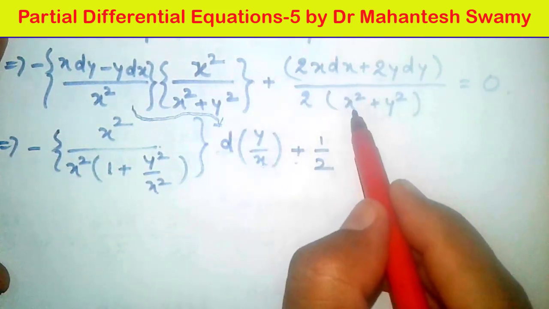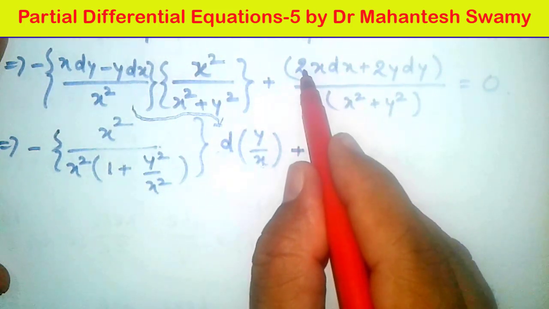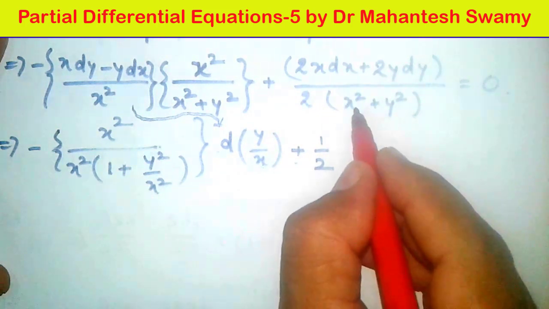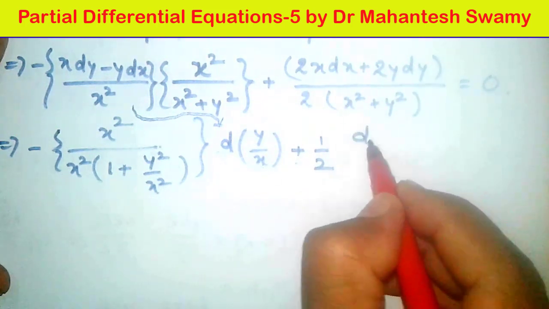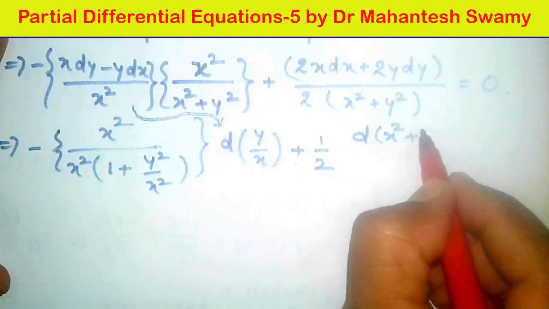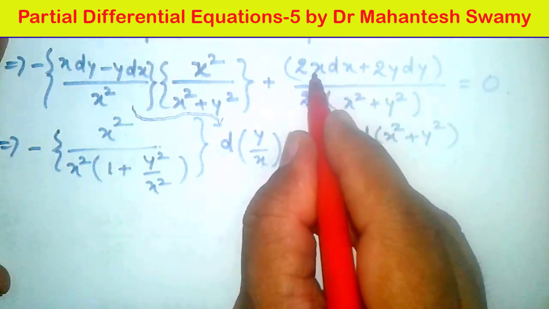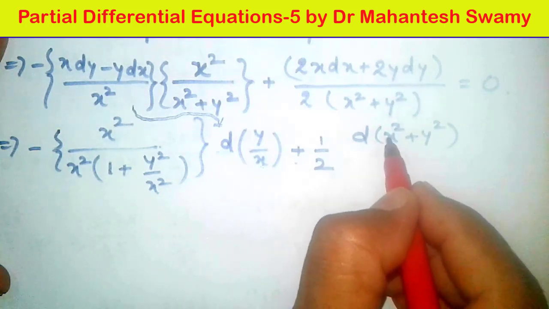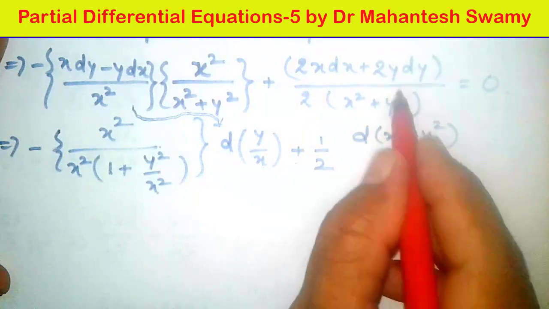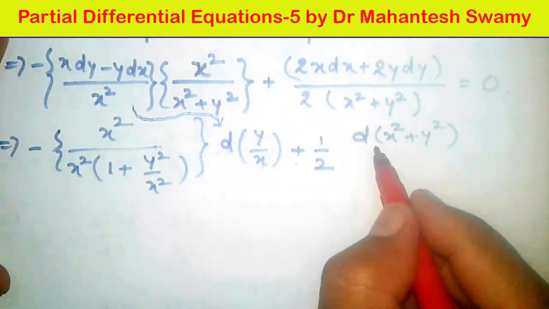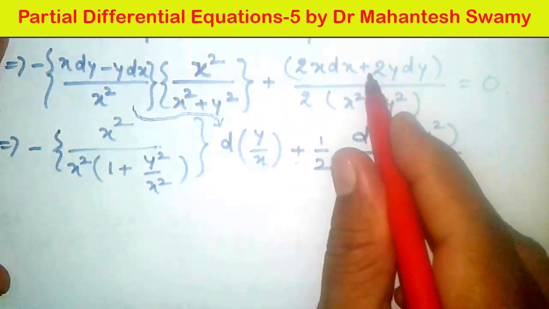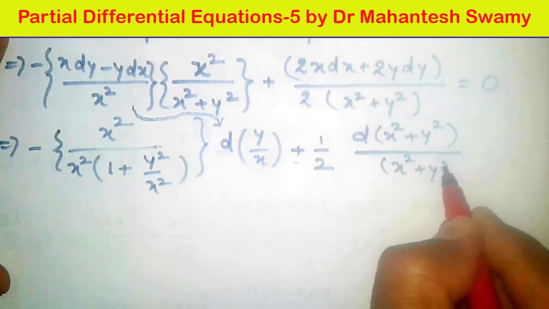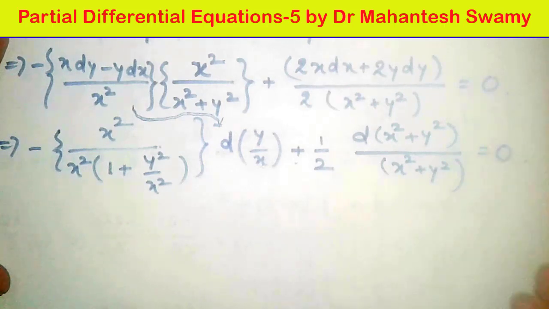Now it is just like differentiation of the numerator over the differentiation of the denominator. So let us keep it as d of x square plus y square. In the numerator it is d of x square plus y square. If we write it out, the answer will be 2x dx, it is here, plus 2y dy, it is here. So it is d of x square plus y square, that can be written very easily in the numerator. Denominator x square plus y square as it is, and our RHS 0 as it is.